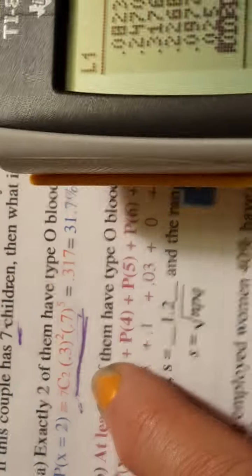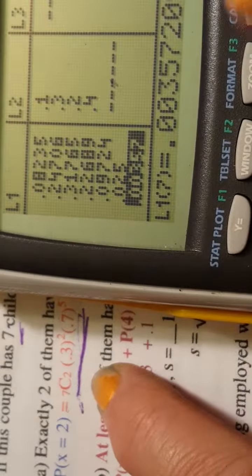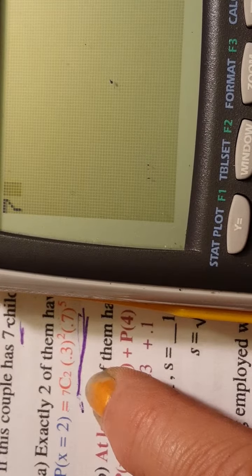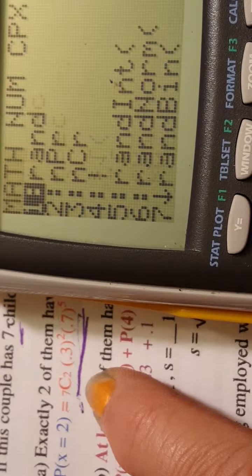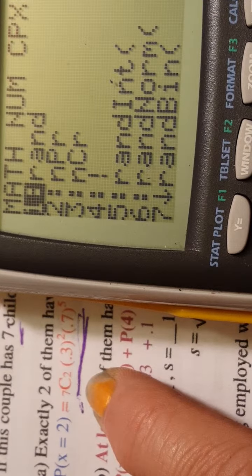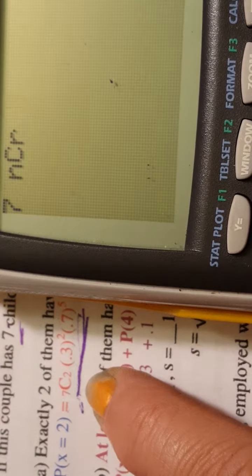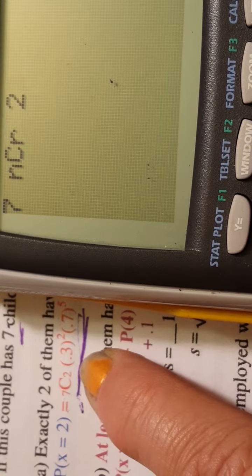Let's put this in the calculator to make sure you know how to put that in the calculator. So that would be 7, and then we go to math, arrow to prob, and then you see right here number 3, and then we put in our other side.